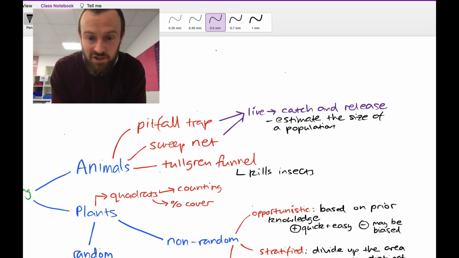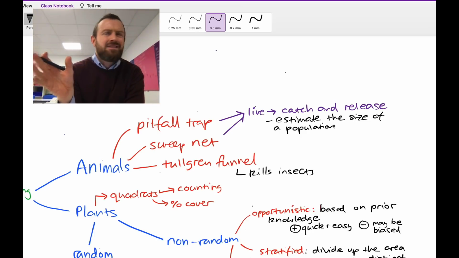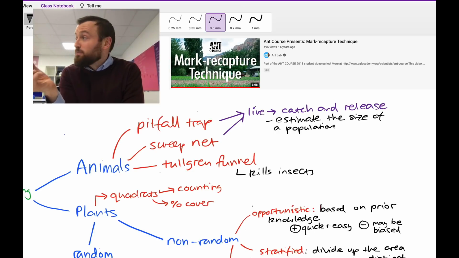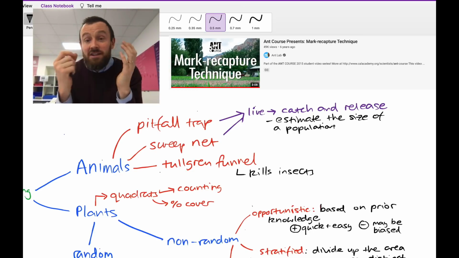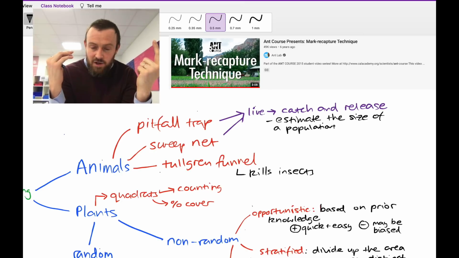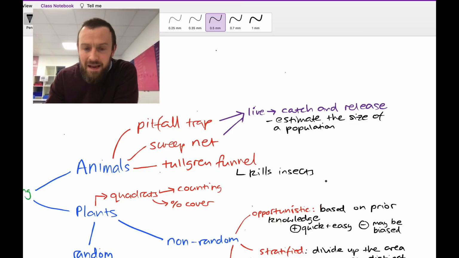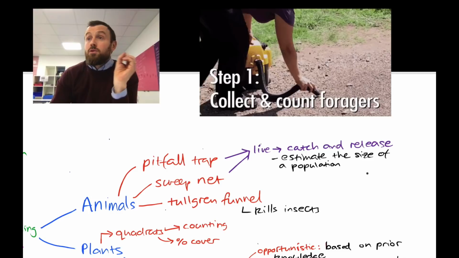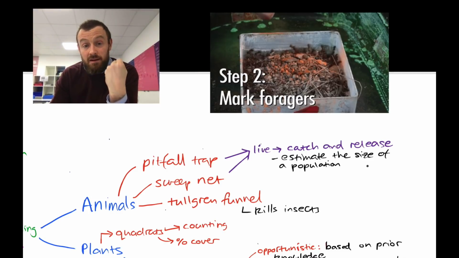Now, there are some great videos on catch and release. A particularly good one, if you Google it, catch and release ants, shows how you can catch a little ant, paint it with a fluorescent dye, and then release it, and then catch it again. So if you watch that video, you'll understand how to do it. But basically what you do is you catch a certain number of animals, you mark them in some way that you can later detect, and then you let them out.